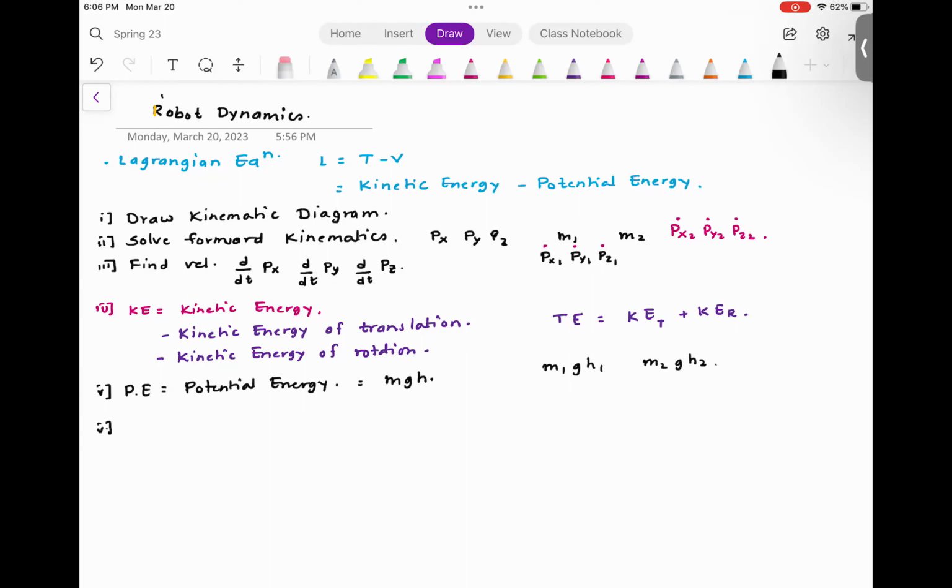Then what you do is you find the Lagrangian, which is T minus V, kinetic energy minus potential energy, and then you can use MATLAB to solve the problem.